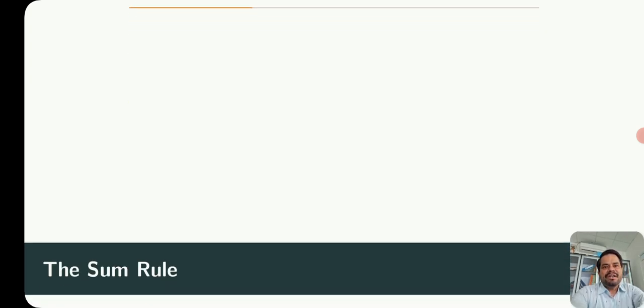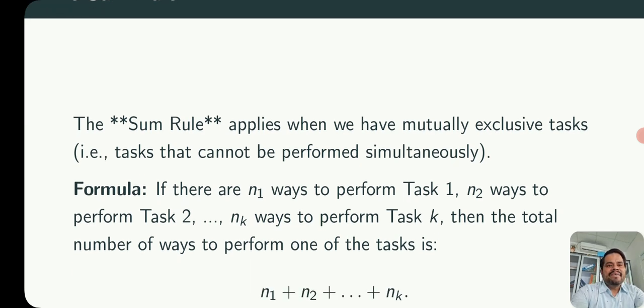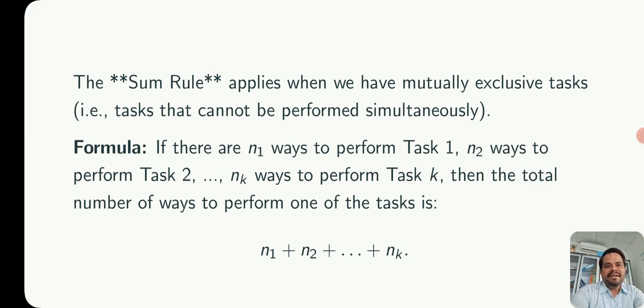The formal statement of the sum rule is: if there are n1 ways to perform task 1 and n2 ways to perform task 2, similarly n3 ways to perform a third task, n4 ways to perform a fourth task and so on, nk ways to perform task k, then the total number of ways to perform one of these tasks is n1 plus n2 plus and so on up to nk. However, the key condition here is that the tasks must be mutually exclusive. Only one task can be chosen.